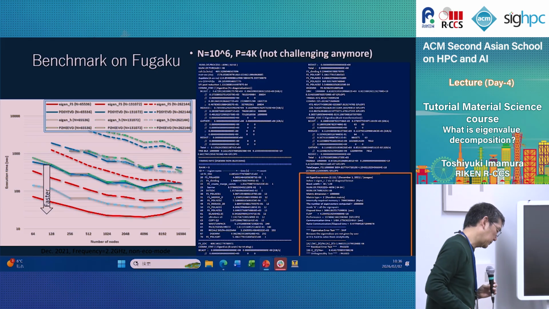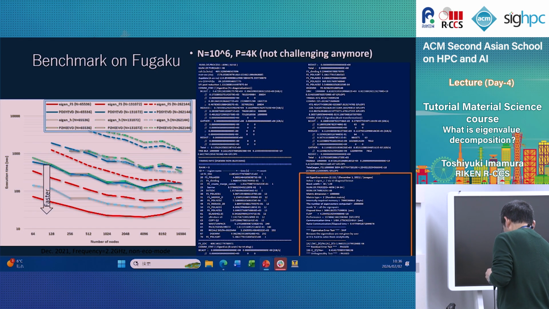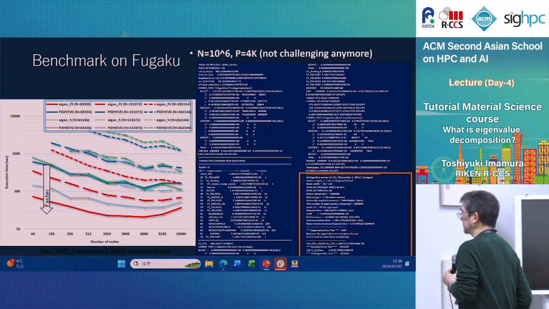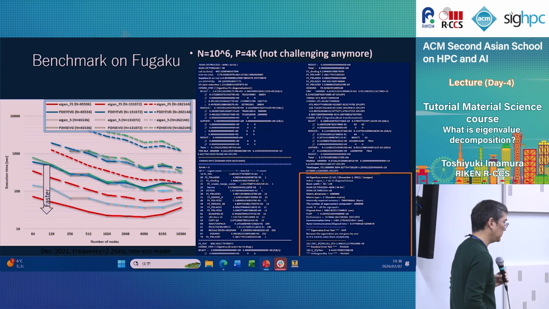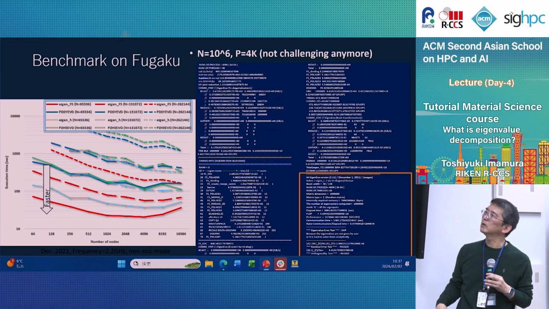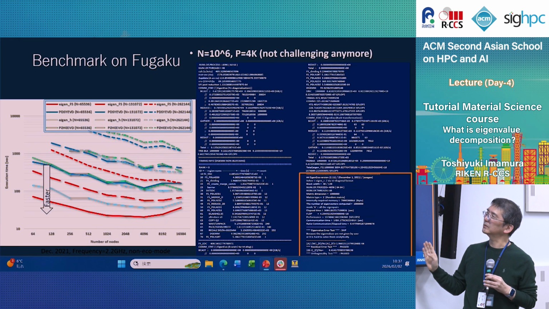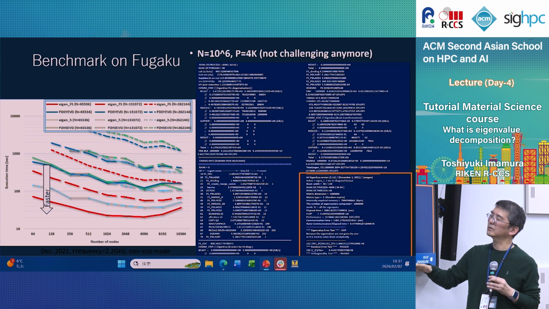The largest matrix size we were able to handle and benchmark was 1 million dimension. 1 million matrix dimension. Of course, for the memory capacity, orders of 1 terabyte, 10 terabytes or 100 terabytes are required.